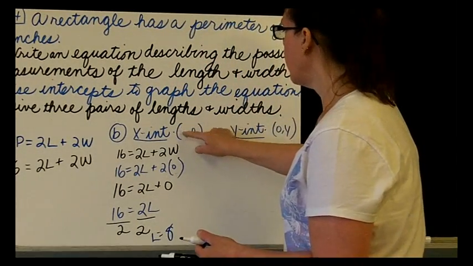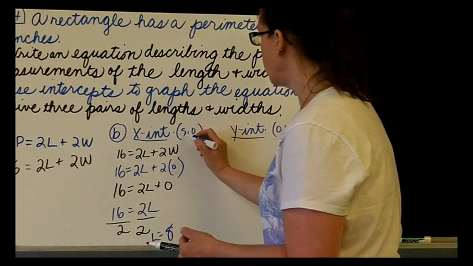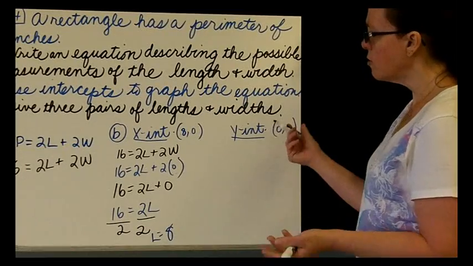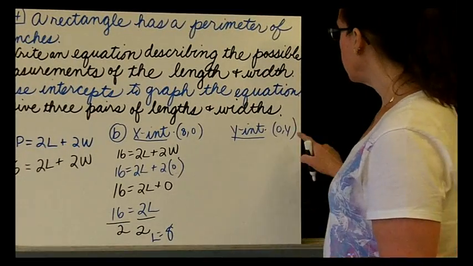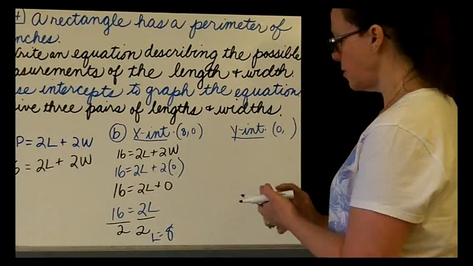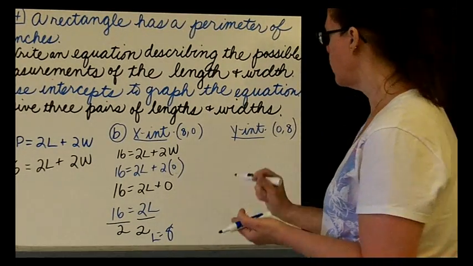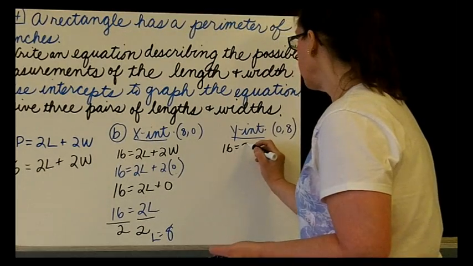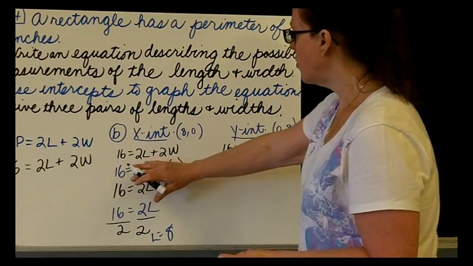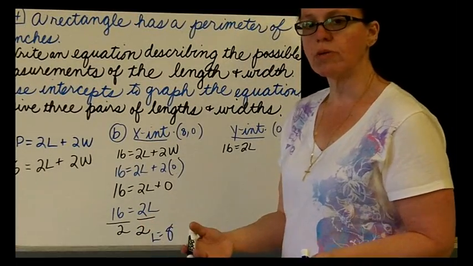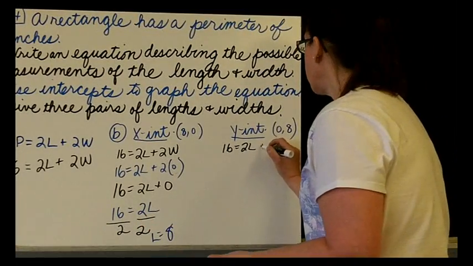So our x-intercept is (8, 0). Now, of course, you'll be able to recognize already that our y-intercept will also be an 8, only this time (0, 8), because when we go through the steps, because both the L and the W have the same exact coefficient, we will end up with the same answer, but I'll go through the steps anyway.